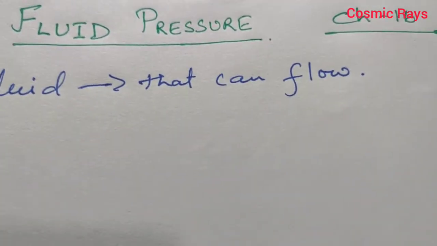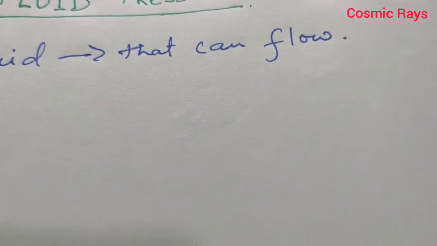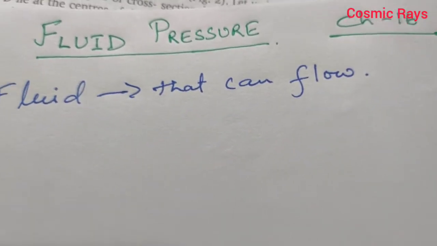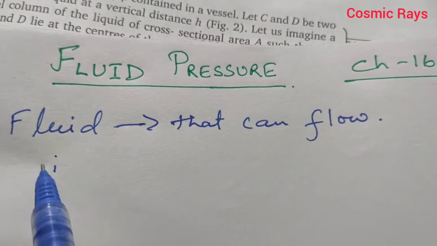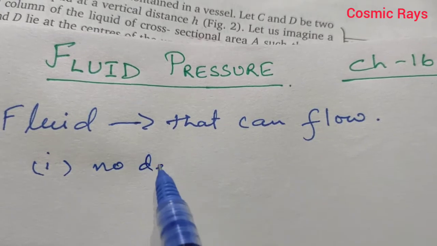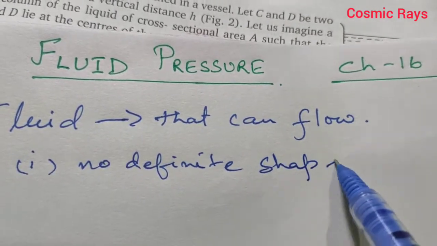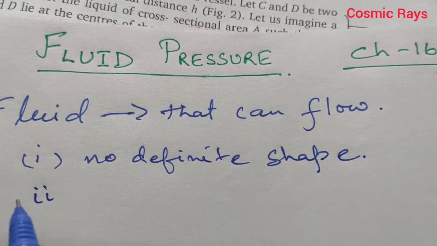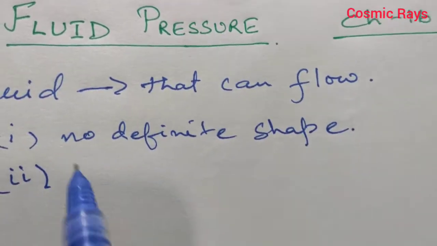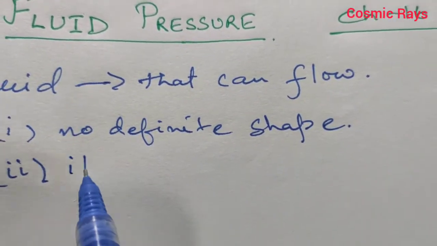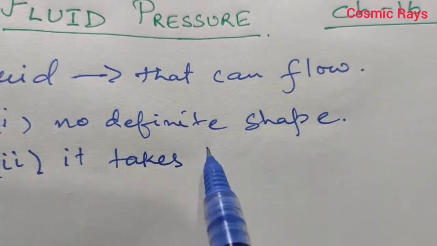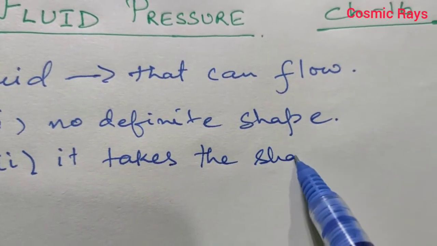When we say that anything that can flow is a fluid, what we mean by it is, firstly, it will have no definite shape. If it has got no definite shape, then it takes the shape of a container.